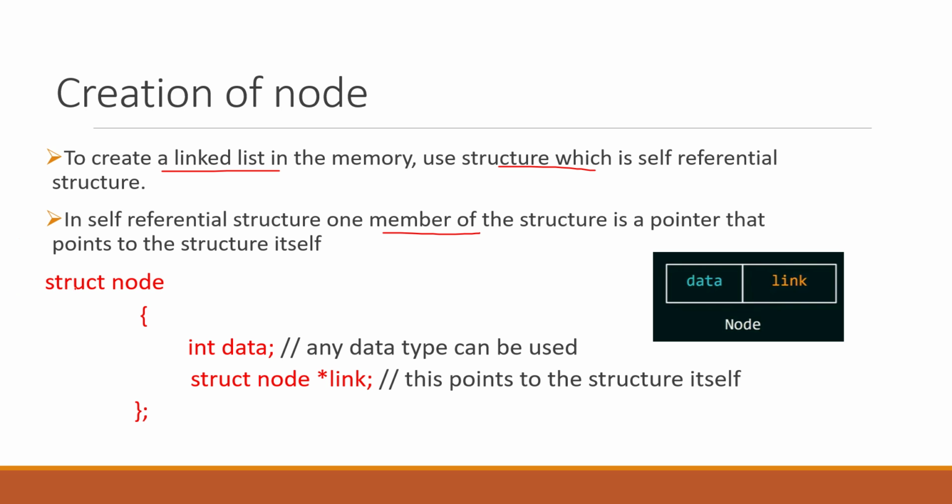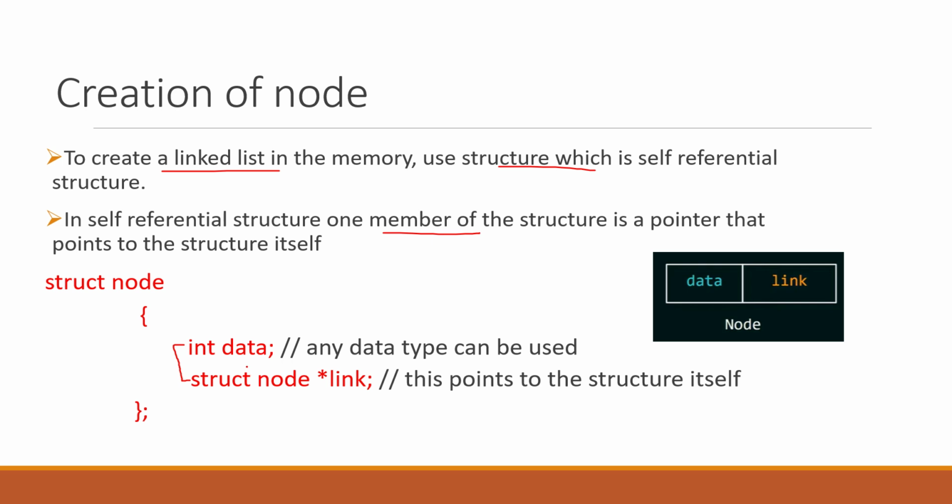This is the code of how you can create a node. Struct node, and here we mention our data members as per our requirement. Int data, we have only one data item.